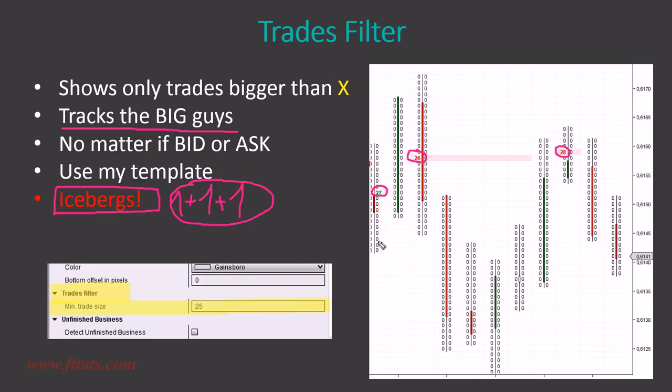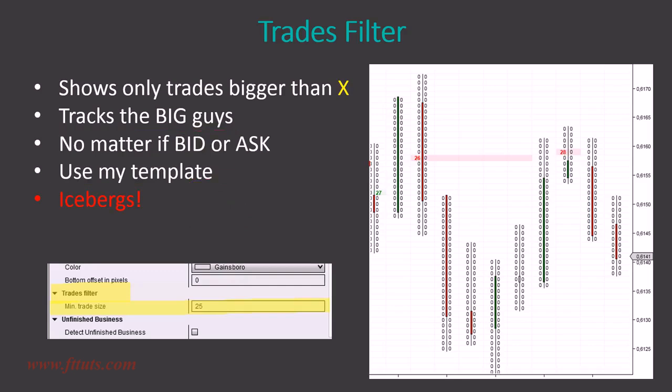So we can't see them with the trades filter because they look like a small player, right? But if there's somebody really big who really wants to get in the market fast, then they don't use the iceberg, or they do it only partially, and they are forced to use bigger orders. And we can see those bigger orders in here with the trades filter.